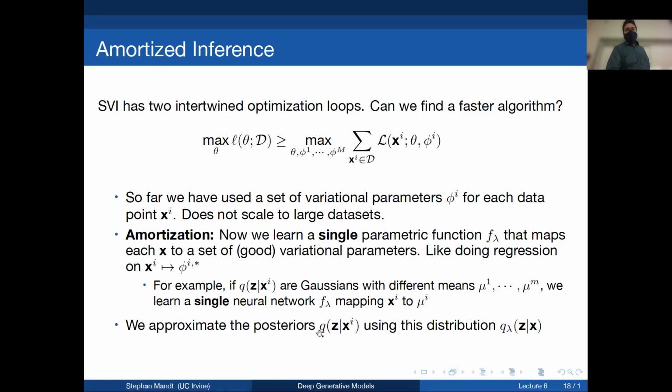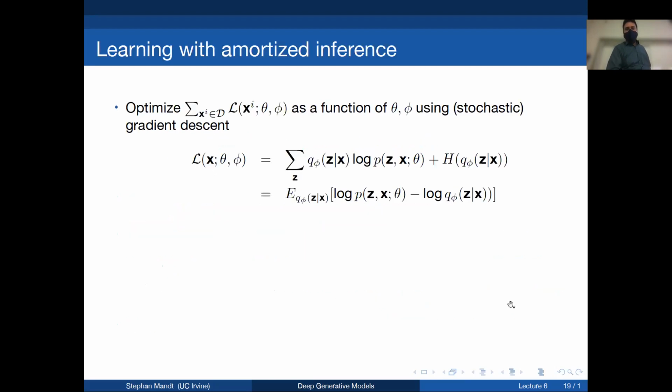All right. So we approximate the posteriors using this q lambda distribution, and lambda are now the network parameters of this so-called amortization network or inference network. The nice thing is that this eliminates the expensive double loop structure. We can now re-express the ELBO as follows.